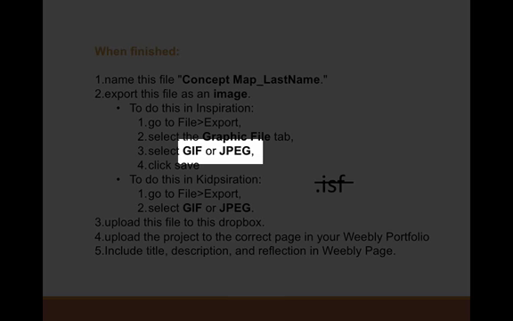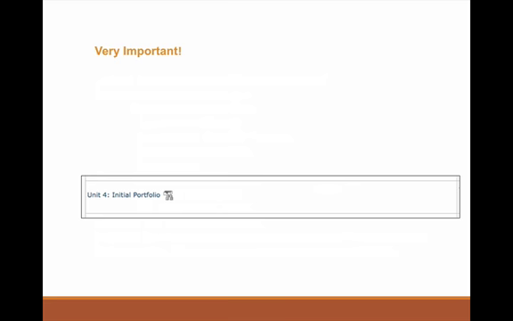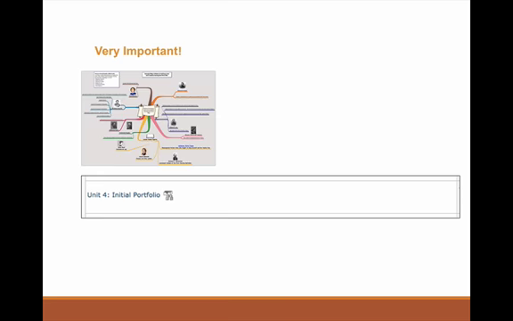It's very important. When you upload your graphic organizer to your Weebly, you will use an image place marker. You will drag that in and you will upload your graphic organizer to that image, and you'll also do your reflection. You will then publish, and then very important, when you submit your graphic organizer to Dropbox, you're going to do two things.